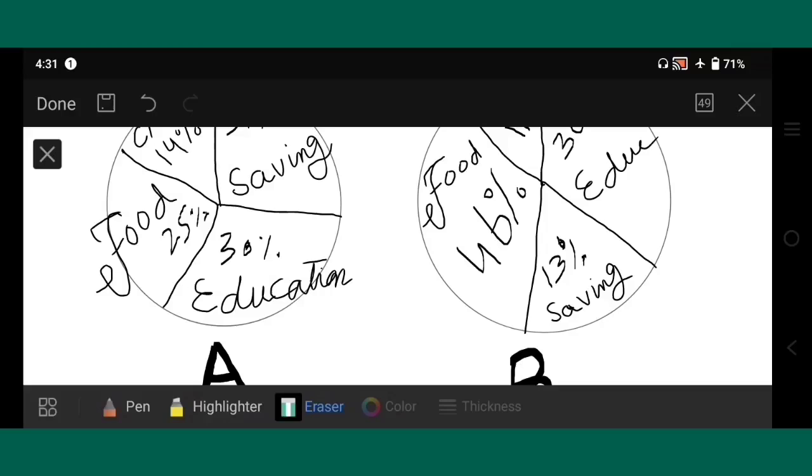A and B are rupees 4,000 and rupees 6,000 respectively. Their monthly expenditures are given below.